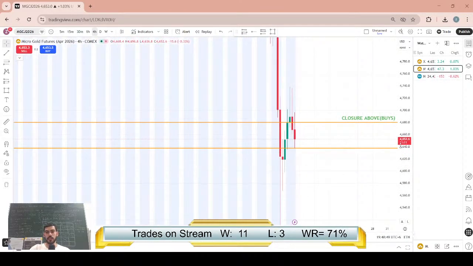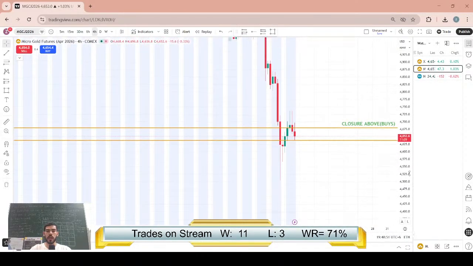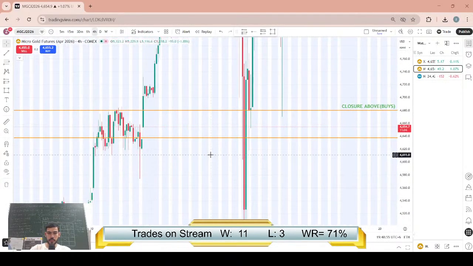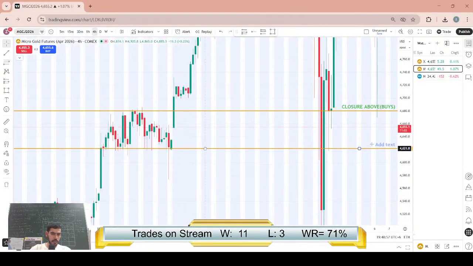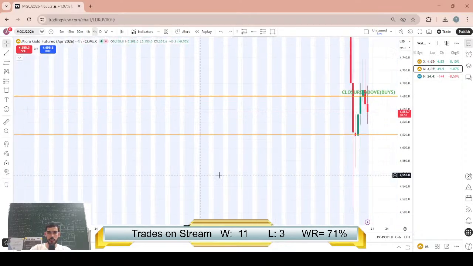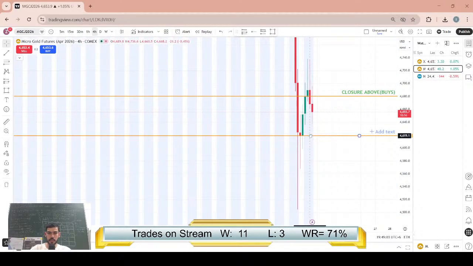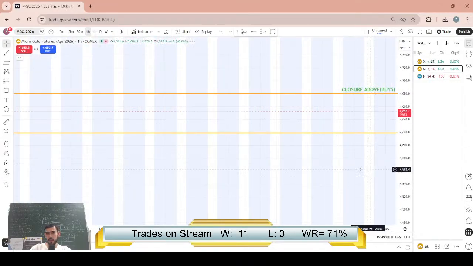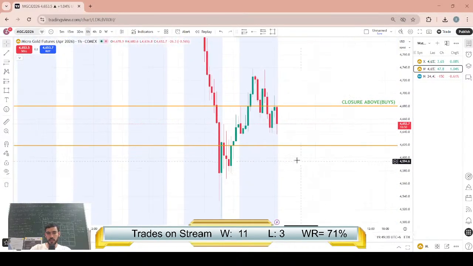In 11 minutes we are going to see this 4-hour candle, which will be a big signal for us, because 4-hour candle closure is one of the best volume times and it delivers the best volatility and really good price action. So yeah, we are going to wait for this 4-hour candle closure in 10 minutes and we might find something from there.